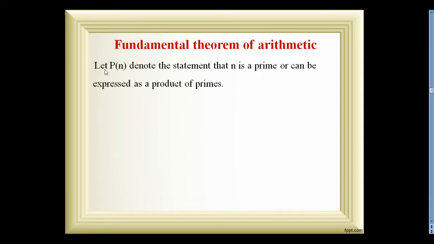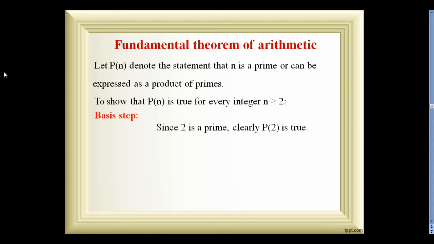Now let P of n denote the statement that n is prime or can be expressed as a product of primes. Now to show that P of n is true for every integer n greater than or equal to 2, the basic step is to check for 2, since n is greater than or equal to 2.